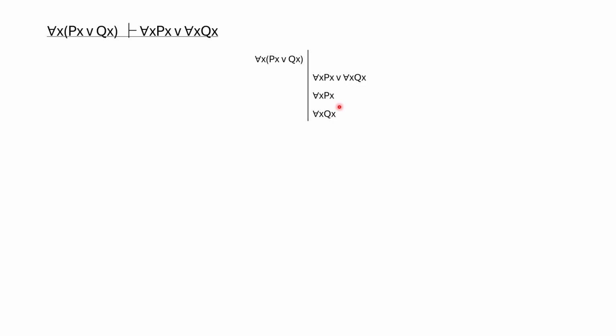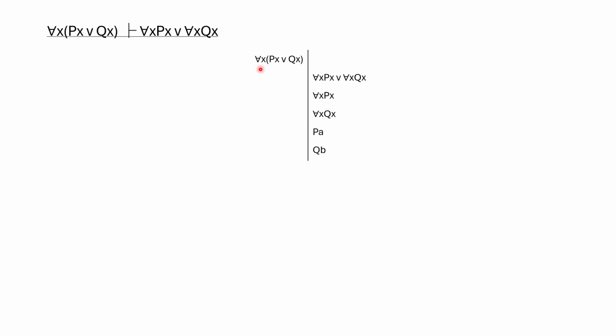I have to pick letters that don't appear anywhere in the truth tree. And so for this universal quantified px, I'm going to replace the x variable with an a because there is no a. I'm going to replace this x with a b because there is no b. And now I can remove the universal quantifier here.